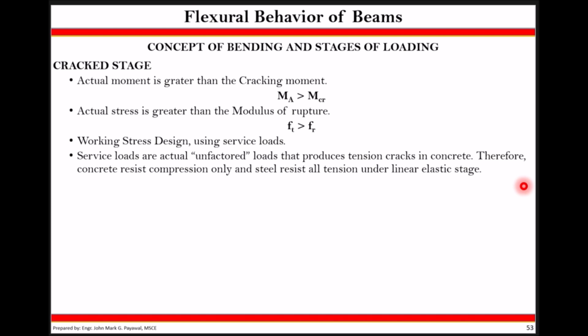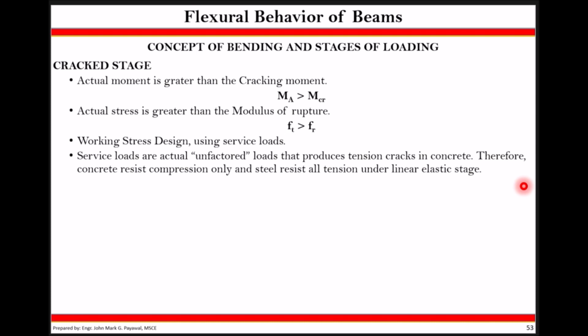So unlike your uncracked section, in here, basag yung kanyang bato. So pag nababasag yung bato, imbis na maging tatlo yung hinahanap nating stresses, dati kasi kanina yung uncracked section, meron kang stress sa compression sa concrete, stress sa tension sa concrete, tapos ay stress sa steel.